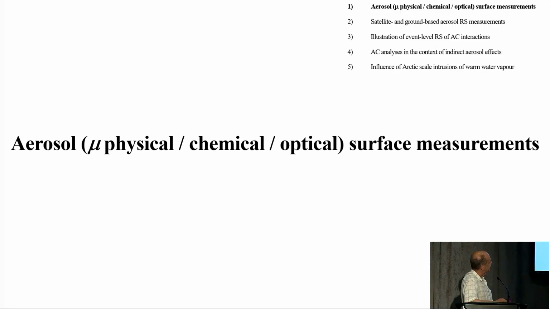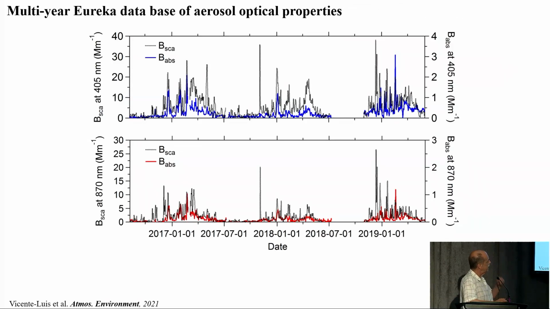Surface measurements at Eureka. Patrick Hayes at the University of Montreal and Rachel Chang at Dalhousie have maintained measurements at Eureka for over 5 years now, if I got my numbers correct. Here's one example of optical measurements of absorption coefficient and scattering coefficient at the Ridge Lab, which is 610 meters above sea level at Eureka, at 2 wavelengths.